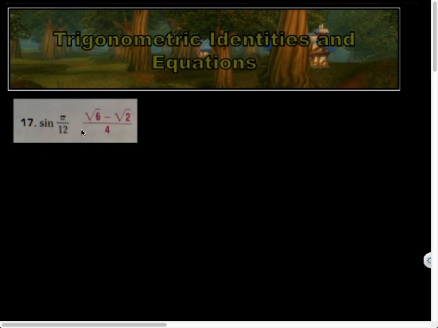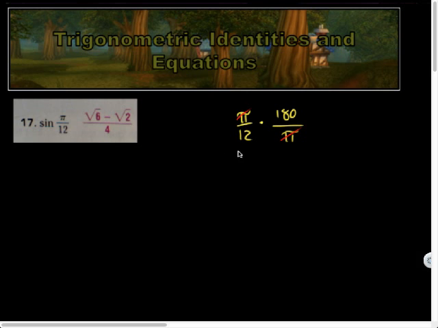But so, sine of pi over 12. Let's talk about pi over 12. Pi over 12 is equivalent to what? If I wanted to convert this to degrees, I would multiply by 180 divided by pi. I don't know if you guys recall that little trick. The pi's would cancel out.